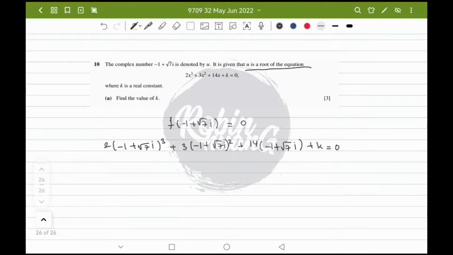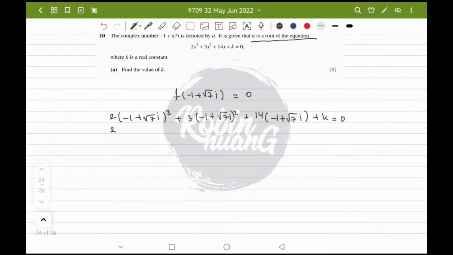Okay, now we will expand the brackets. This will become 2 times (1 plus 7i squared minus 2 square root of 7i) times (-1 plus square root of 7i), and then we have plus 3 times (1 minus 2 square root of 7i plus 7i squared), minus 14 plus 14 square root of 7i plus k equals 0.